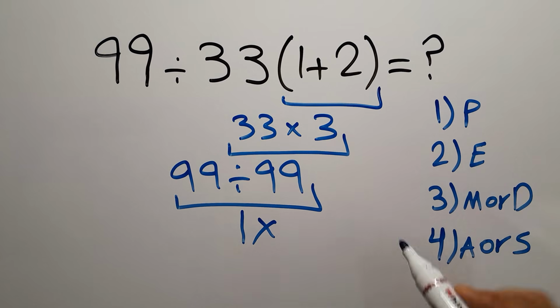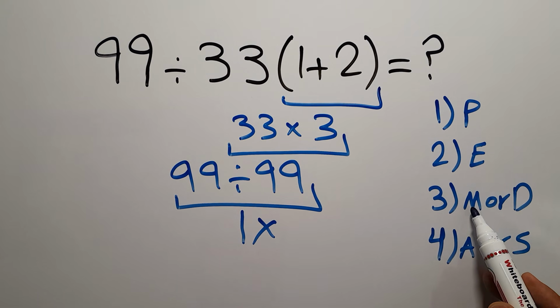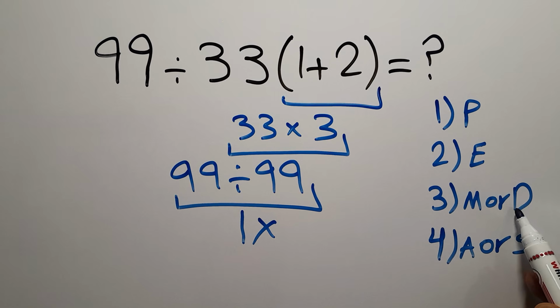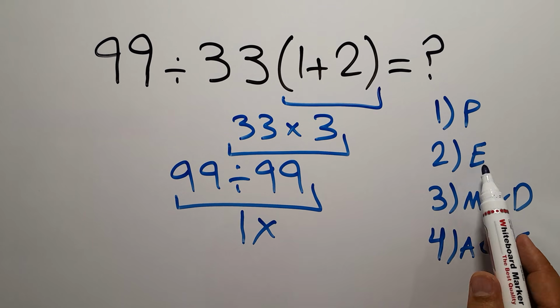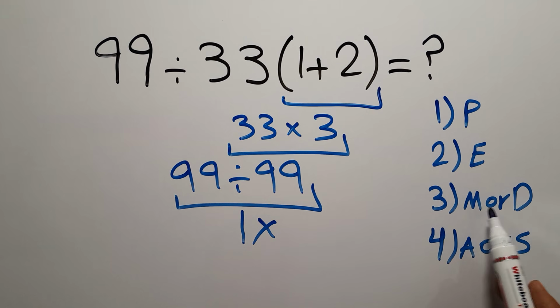P stands for parentheses, E stands for exponent, M stands for multiplication, D stands for division, A stands for addition, and S stands for subtraction. So first we have to do parentheses, then exponent, then multiplication or division, and finally addition or subtraction.